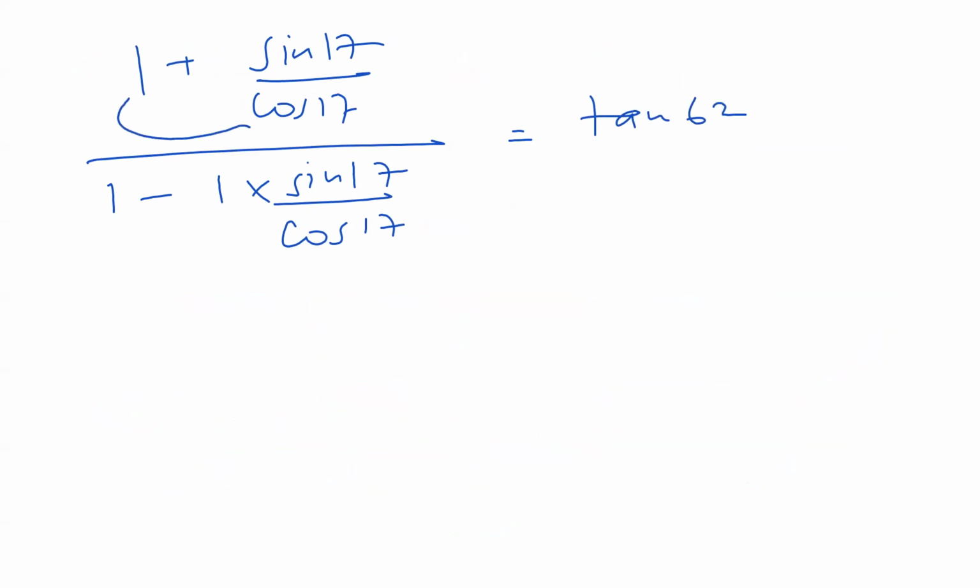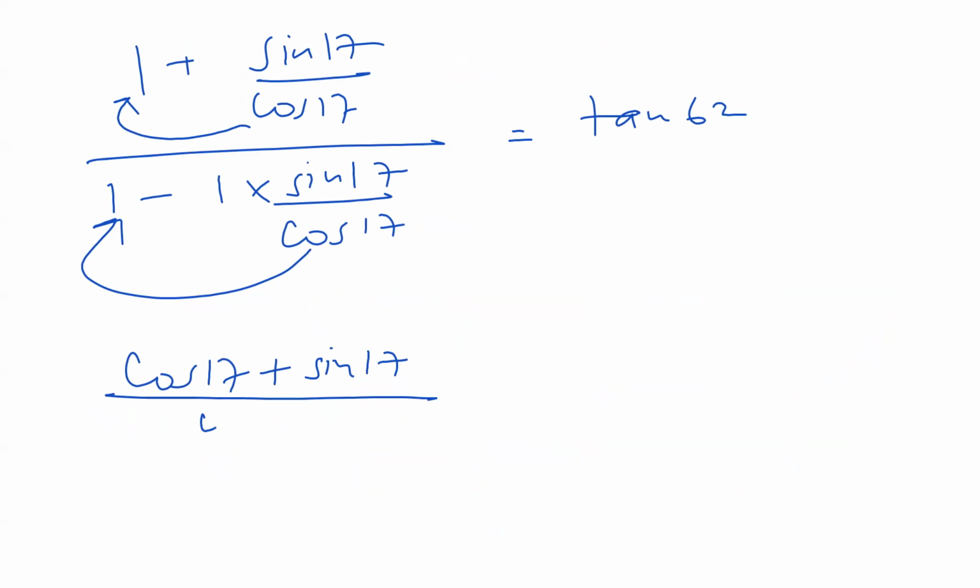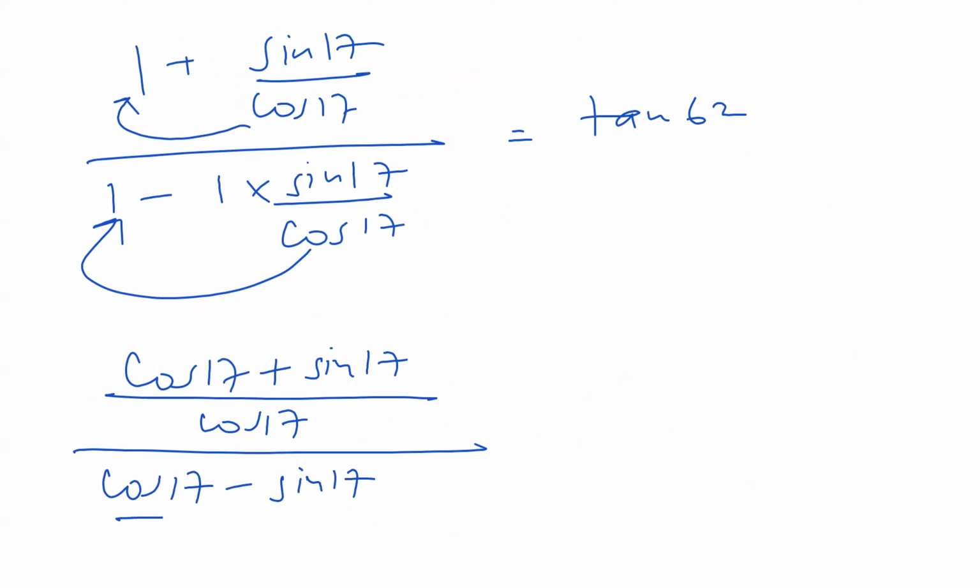Taking the LCM, cos 17 upon cos 17 on top, and cos 17 minus sin 17 upon cos 17 at the bottom. We can cancel cos 17. So this is how I've proved it. That was question number 23.